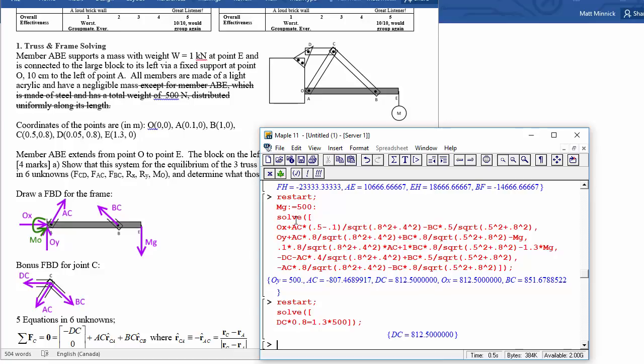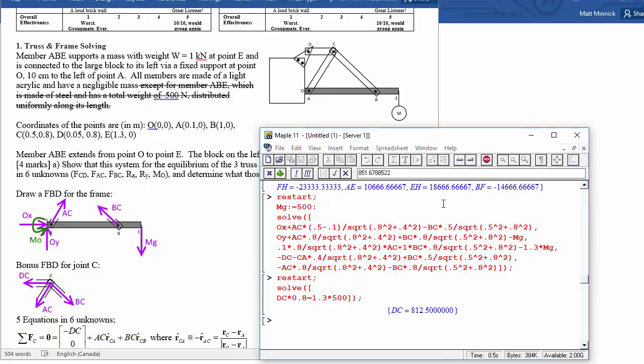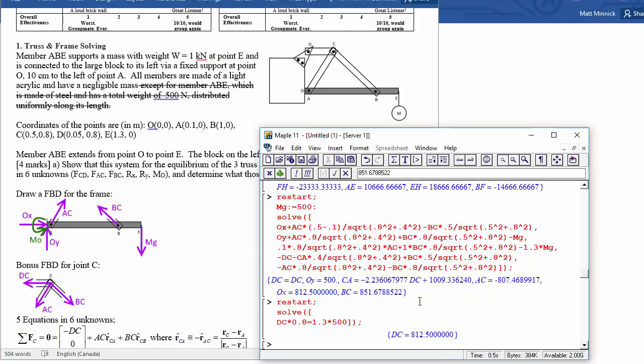One easy thing to do is, while you're writing this out in a later equation, you say, oh, this is for CA, right? You forget to call it AC. So what do you think is going to happen if we do that? Well, now we've got a new variable in there, and so Maple's going to think, oh, that's just a different thing. We have more variables than we have unknowns, and it'll spit something like this out at you, where it says, okay, DC can be whatever, and then it's going to give you the rest of the equations in terms of DC if necessary.